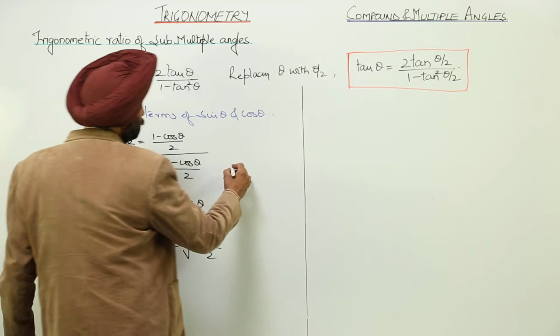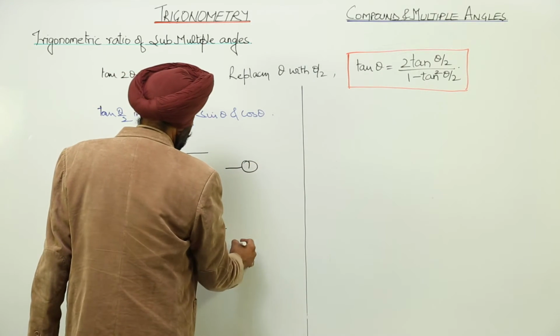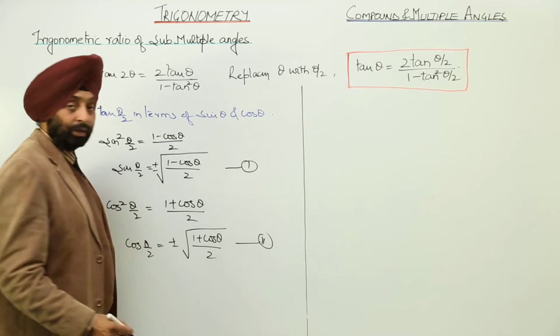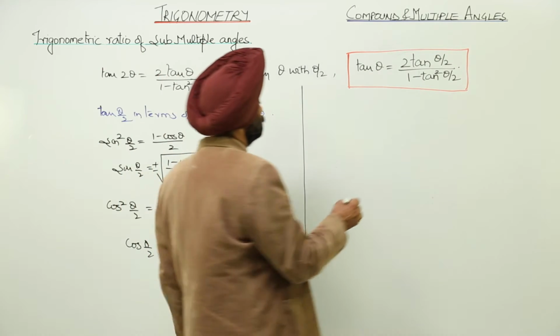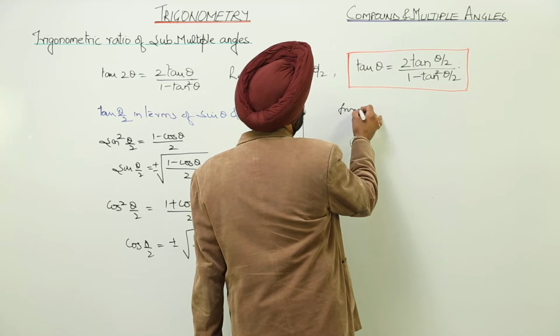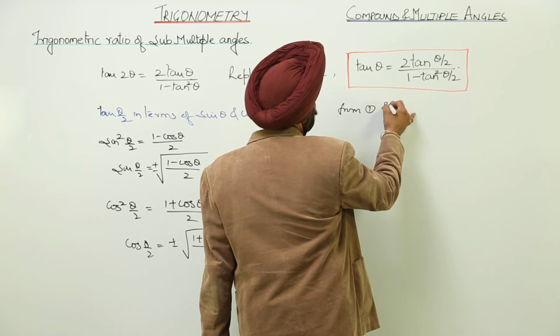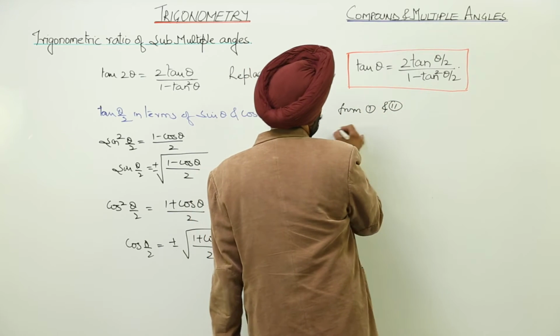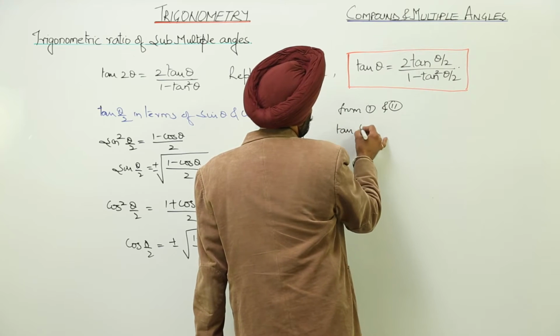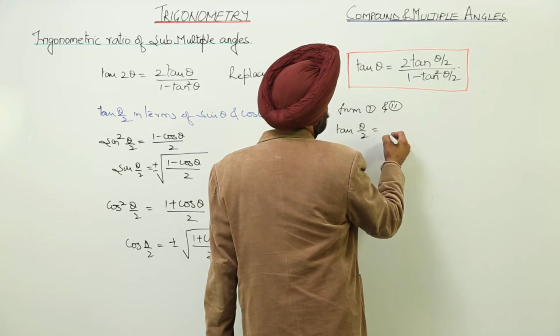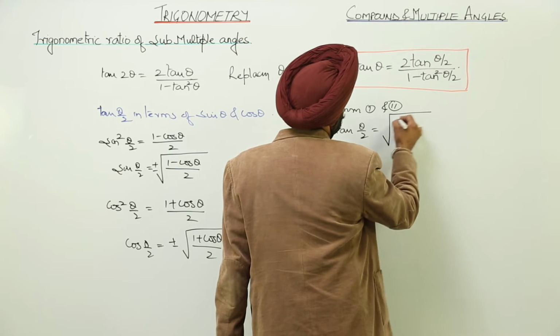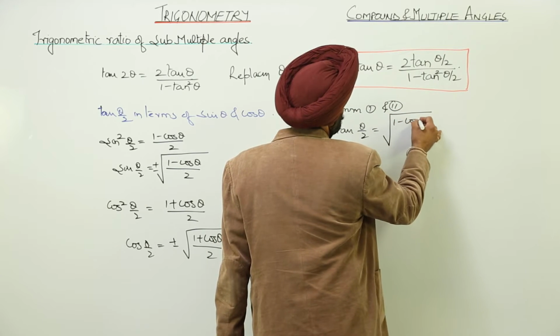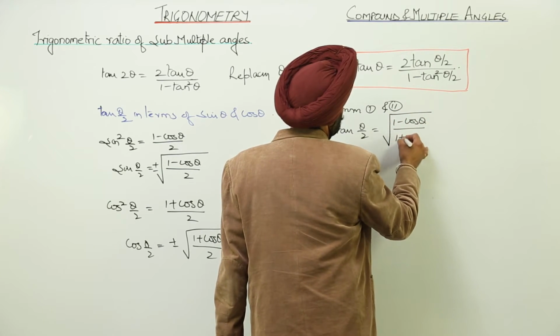Now from these two, let this be 1 and let this be 2. Now from 1 and 2, tan theta by 2 is equal to under the root 1 minus cos theta upon 1 plus cos theta.